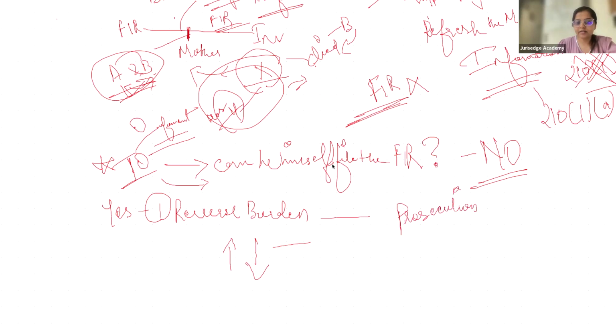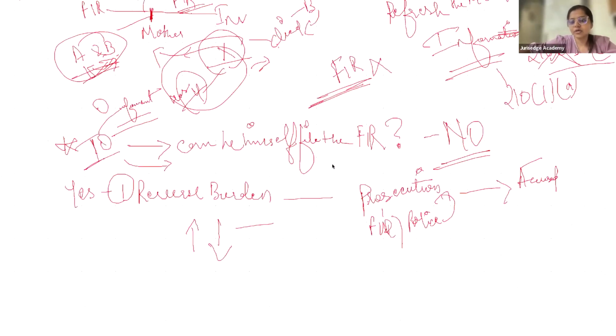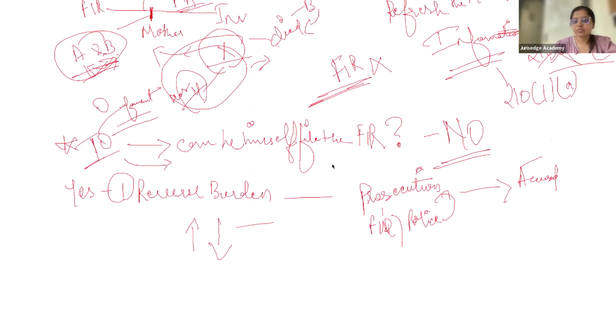The police team, the team of prosecution, is duty bound to prove the guilt of the accused. If they fail, the accused will be acquitted. If they are successful in proving the guilt, the accused will be punished. It is not the accused who should be proving his innocence.